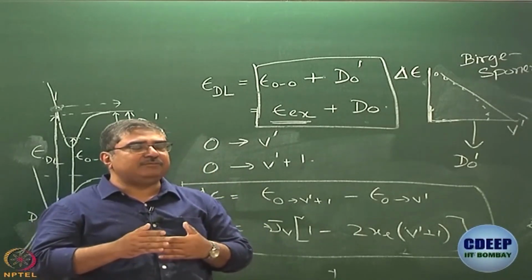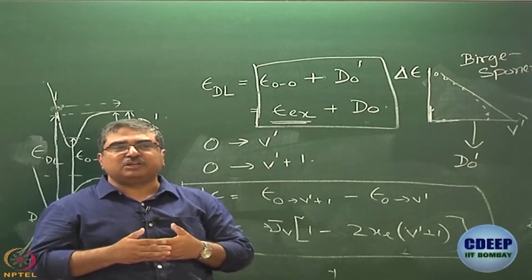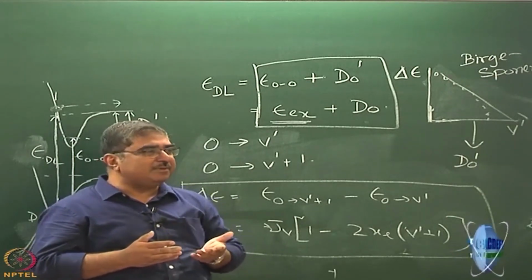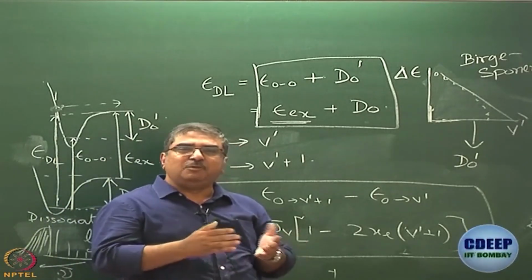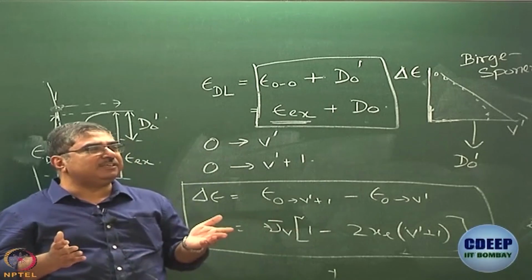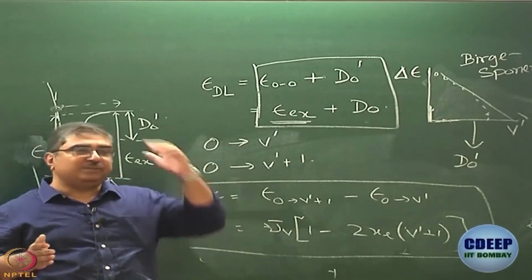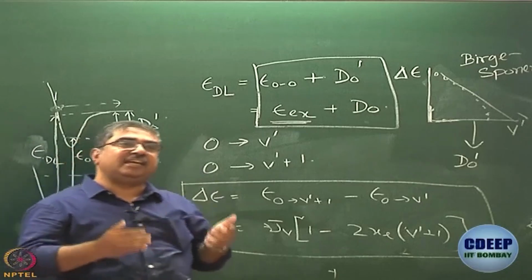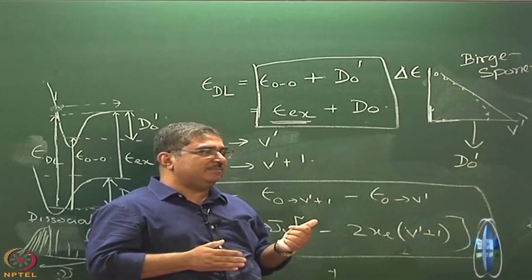We have encountered something like this earlier when we talked about rovibrational spectrum. We had seen that there is rotational structure in the vibrational spectrum. When you look at a sufficiently high resolution vibrational spectrum, you can see rotational structure. Here also, when you have sufficiently high resolution, then you see vibrational structure in the electronic spectrum.